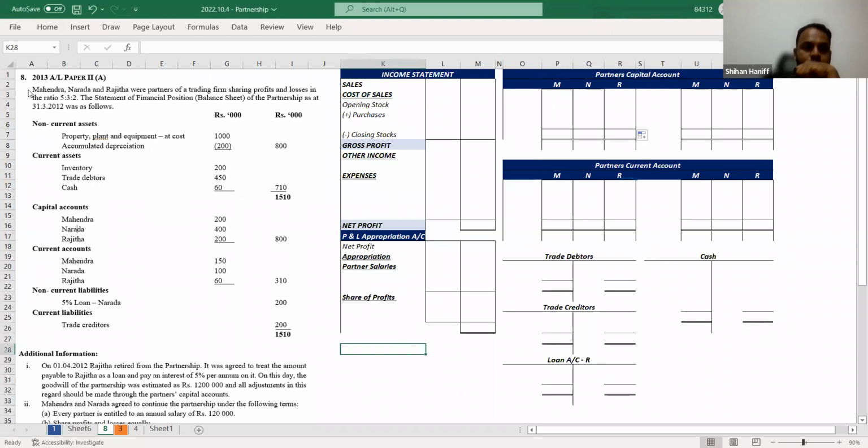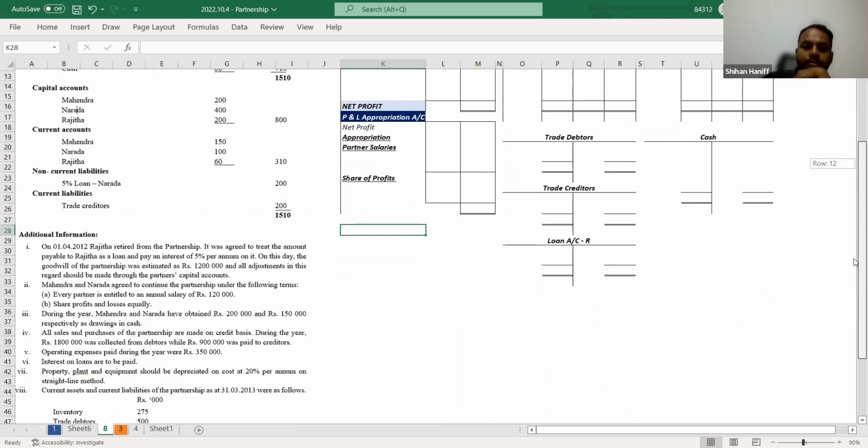Mahendra, Narada, and Rajita were partners of a trading firm, sharing profits and losses in the ratio 5:3:2. Statement of financial position of the partnership as at 31st March 2012 was as follows. So this is 2012, right?